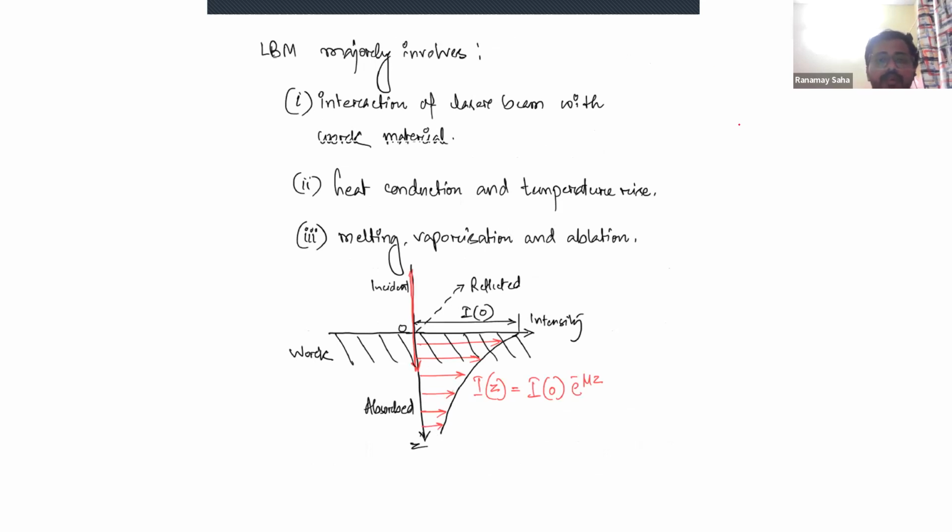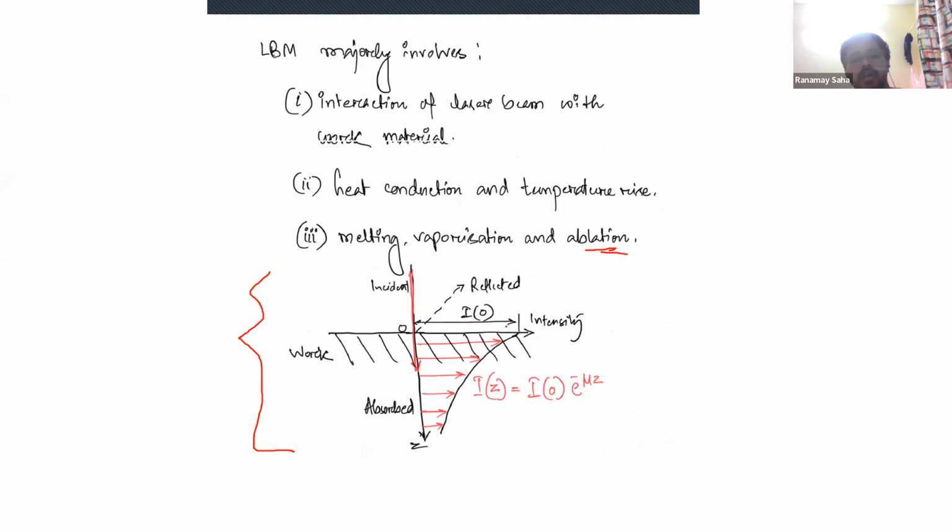Broadly, it involves interaction of the laser beam with the work material, heat conduction and temperature rise at the workpiece surface, and then melting, vaporization, and ablation. This particular figure explains how the intensity builds up.